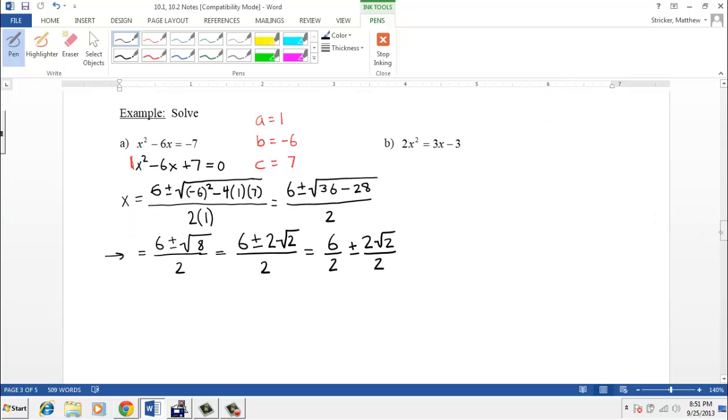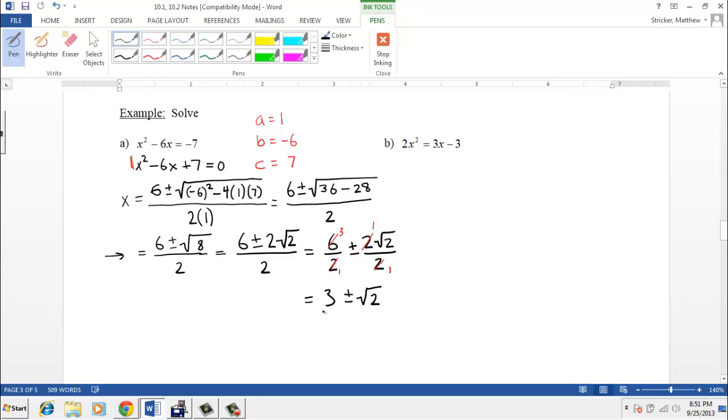And then this simplifies because 2 goes into 6 3 times, and here 2 goes into 2 once. And so this simplifies down into 3 plus or minus just the square root of 2, which again is two answers.